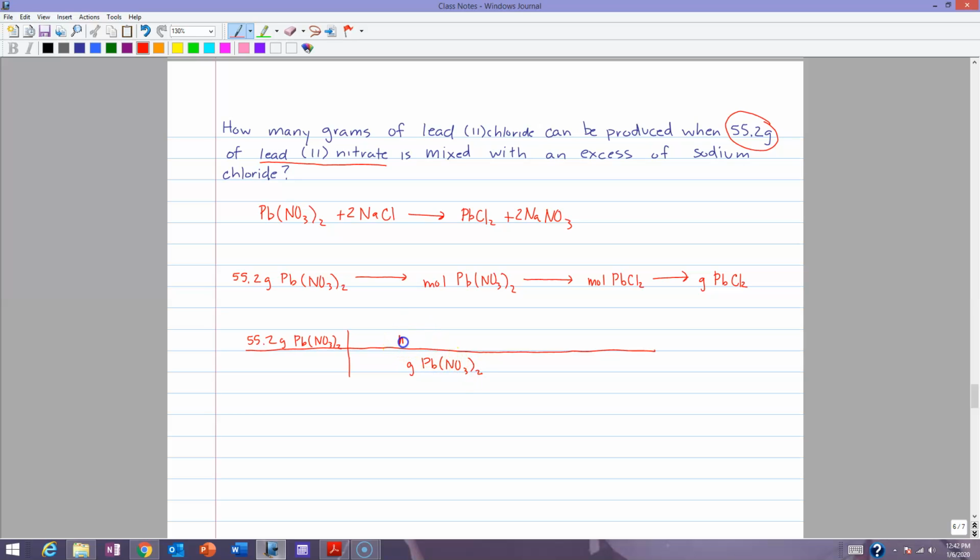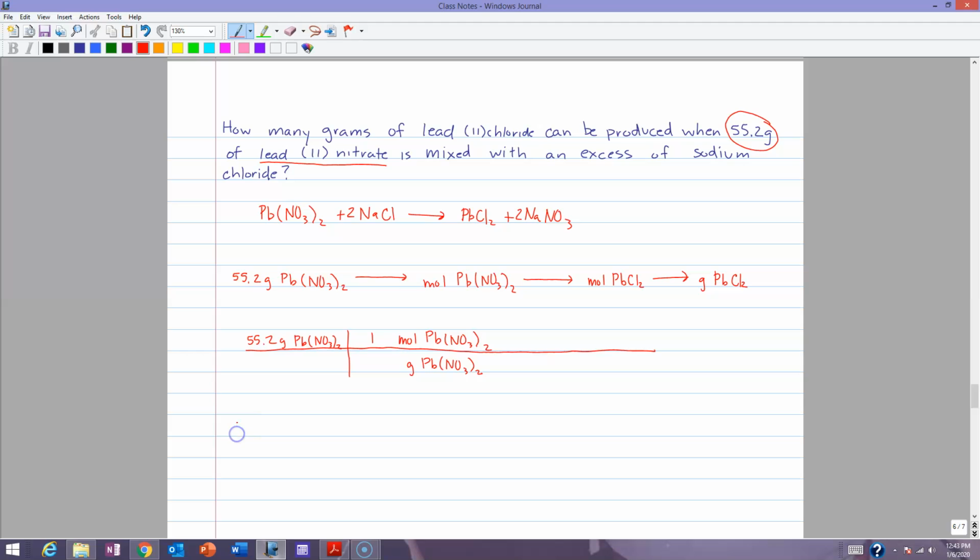And I'm going to carry up moles of lead 2 nitrate. I have moles and grams, so 1 is going to go in front of the moles, and I'm going to need to calculate the molar mass of lead 2 nitrate to get the number to go in front of grams.